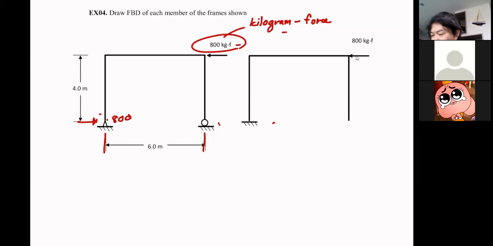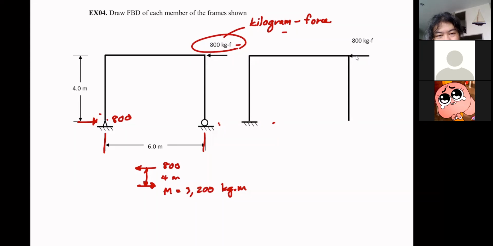So that is a couple, right? I have a couple, 800 going like that. And my moment arm is 4 meters, right? So this couple generates moment equal to 3,200 kilogram meter. Can I do this? Anyone?